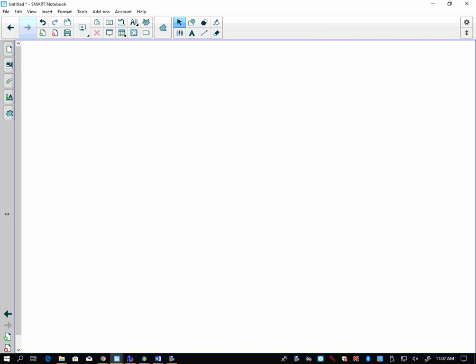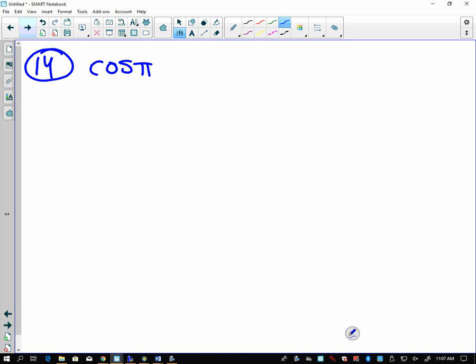All right, number 14. Number 14, we have cosine pi minus sine 3 pi divided by 2 minus tangent 11 pi divided by 6. We're going to go ahead and convert our radians into degrees.